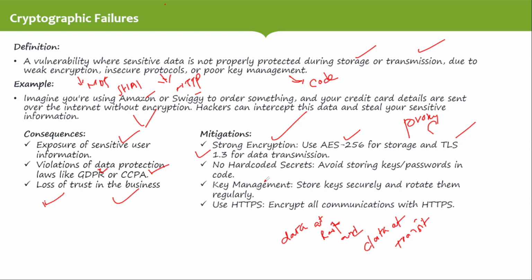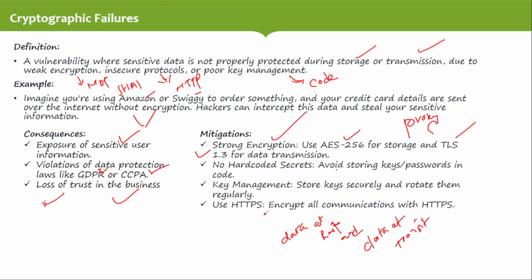Then, no hard-coded secrets: avoid storing keys or passwords in the code, which is also a good security practice. Then key management: store keys securely and rotate them regularly, at least every 30 days.